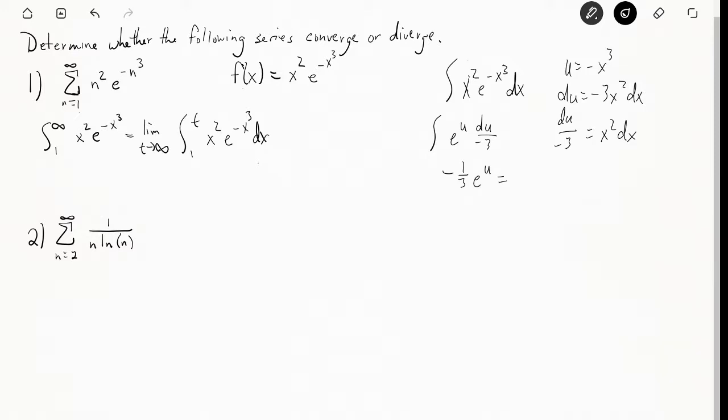I'm not going to write that for right now because I'm plugging it back into something with bounds. So this is negative 1/3 e to the negative x cubed, and plus, that's where I'll put the plus c. Or I'll put c minus just to be fancy, I guess. Alright, so this thing becomes the limit as t approaches infinity.